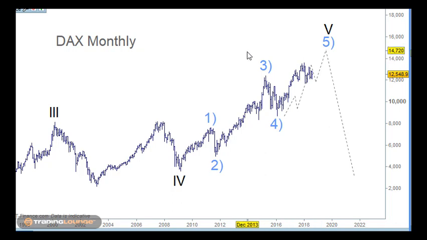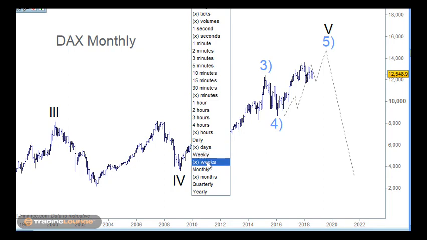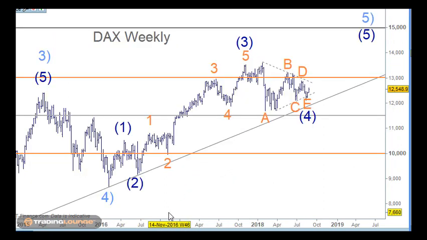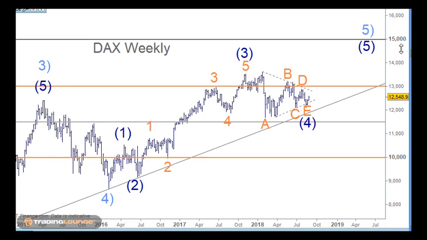So going to the weekly chart and picking it up in this wave 4, up to this wave 5, we're looking at wave 1 and 2, a nice clean 5 waves, and a powerful wave 3 structure of 5 waves.